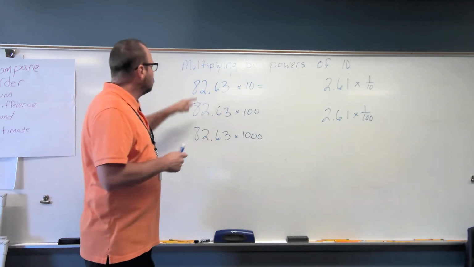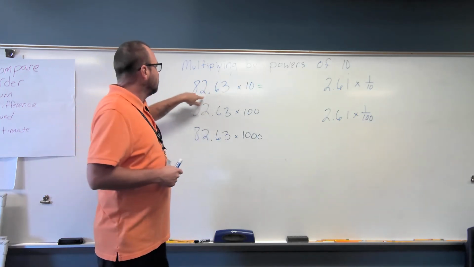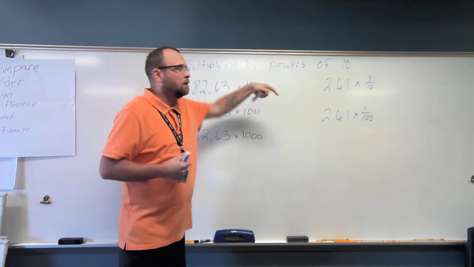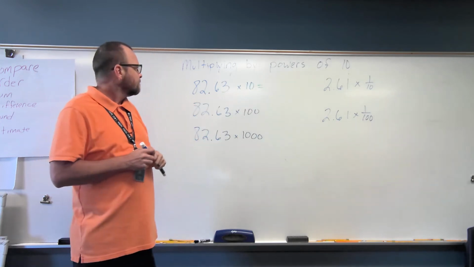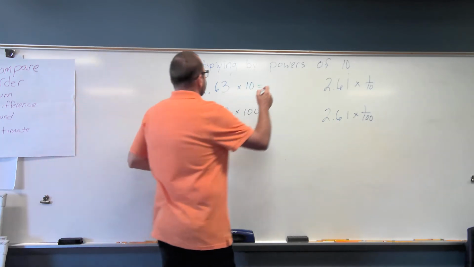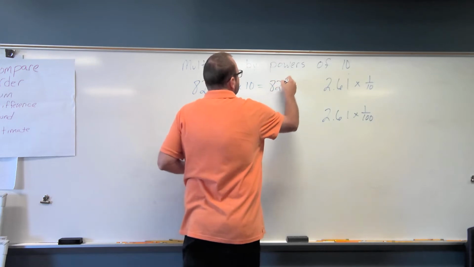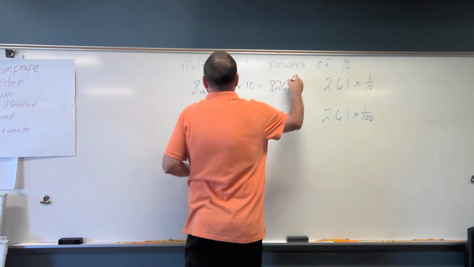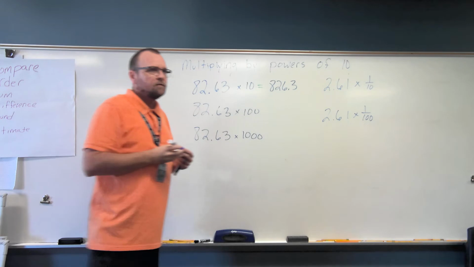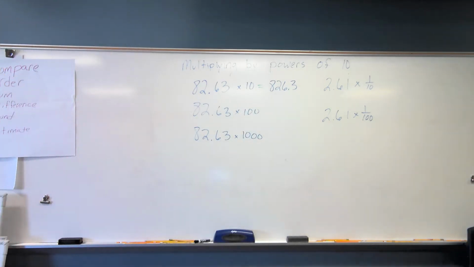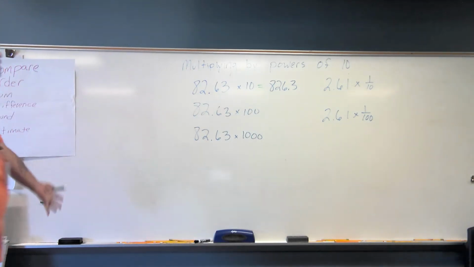Knox, what would the product of 82 and 63/100 times 10 be? 826 and 3/10.